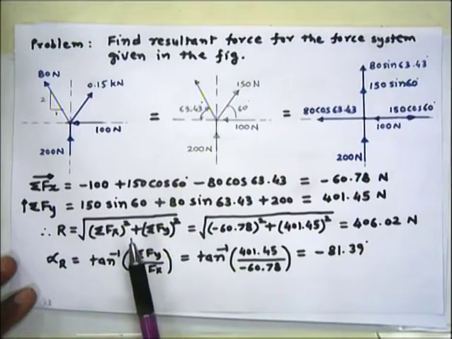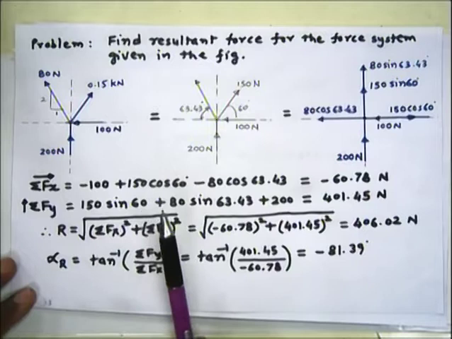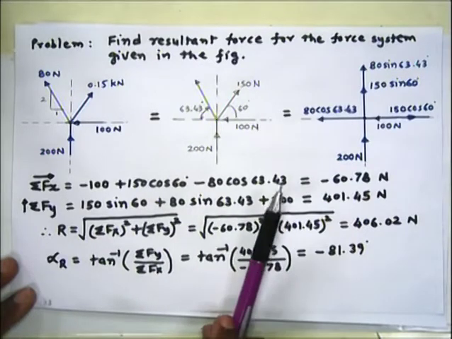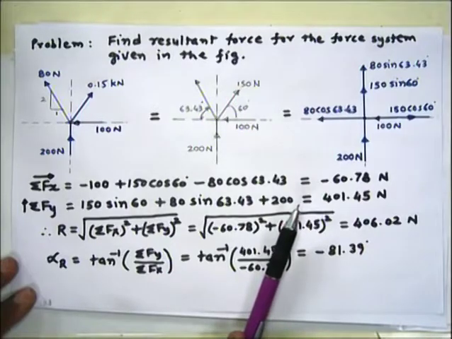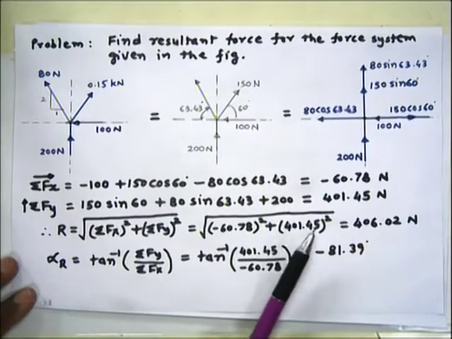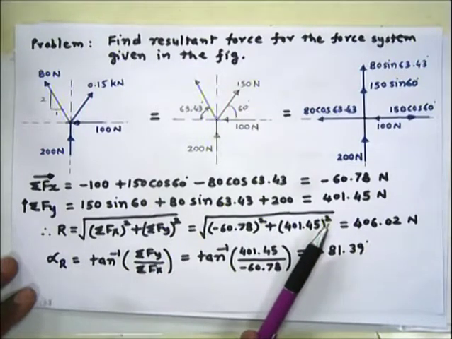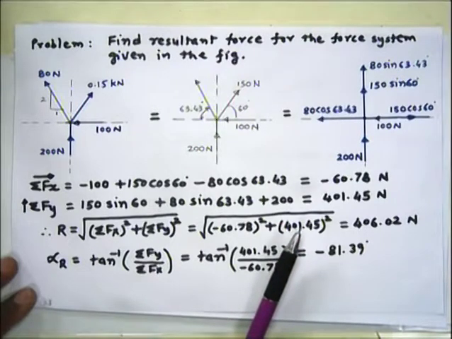And if you want to locate this resultant force, you can see that the sigma Fx value is minus and the sigma Fy value is plus, so obviously it falls in the second quadrant. So the resultant falls in the second quadrant, and it will make an angle of 81.39 with the negative x-axis in the clockwise direction.